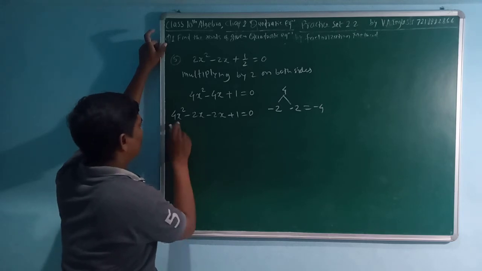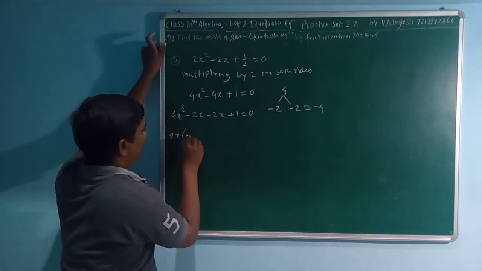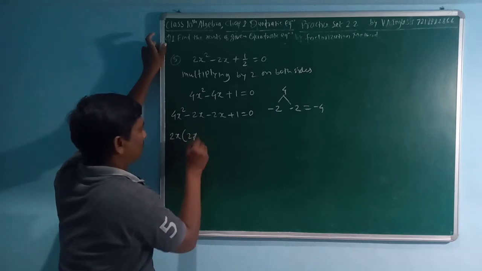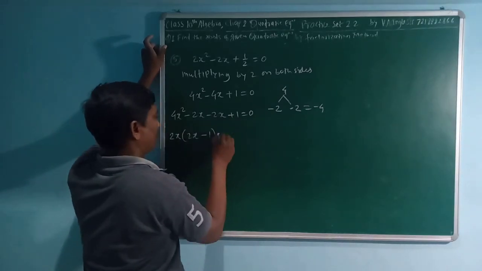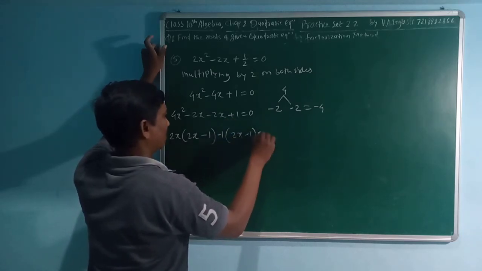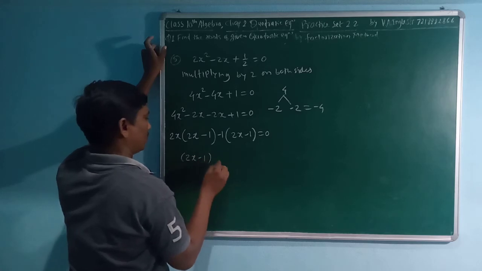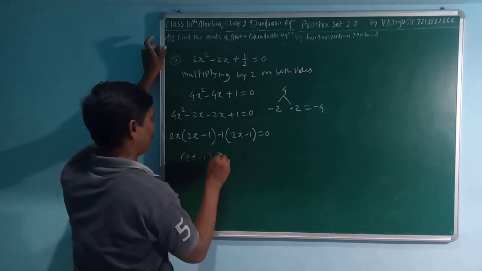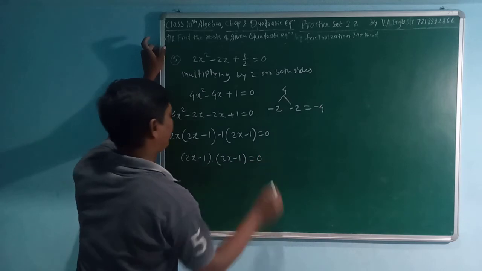Now take as common 2x from here. If you take 2x, then here it will be 2x minus 1. Now from here, if you take minus 1 as common, it will become 2x minus 1 equals to 0. Then 2x minus 1 is a common bracket, so we'll write it once, and the remaining 2x minus 1 will be the other factor.